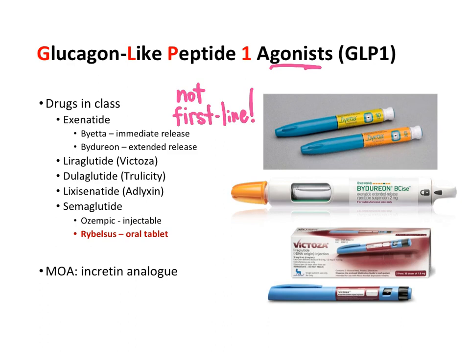The only one that is an oral therapy in this class is the semaglutide. That is under the brand name Rybelsus. And the exenatide has two different drugs, two different brand names of the same drug. One is immediate release, that is Byetta, and there is an extended release exenatide under the name Bydureon.